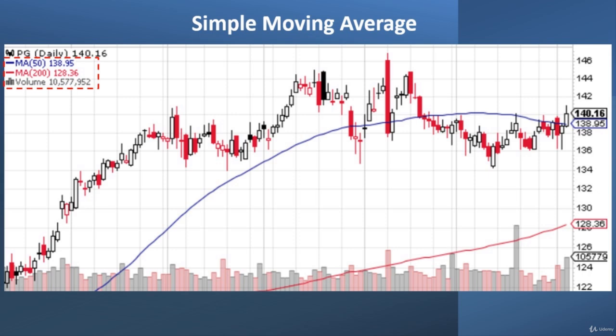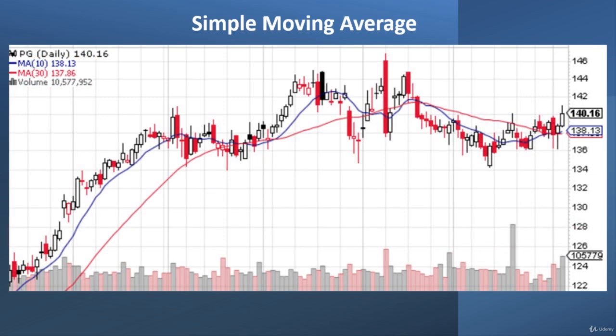Now let's change the numbers a little bit and see how that might look different. Let's say I change one of my moving averages to be only 10 days as far as a look back, and the other one, the pink one, to be only 30 days. What does that look like? As you can see, it looks quite a bit different, right? Now both lines are crossing over at points, crossing over where the price bars, the candlesticks, are, and sometimes they cross over each other as well.